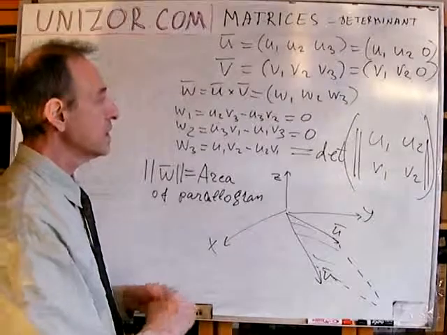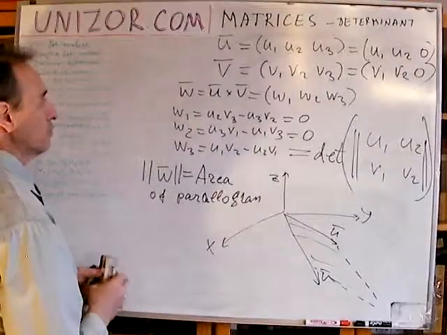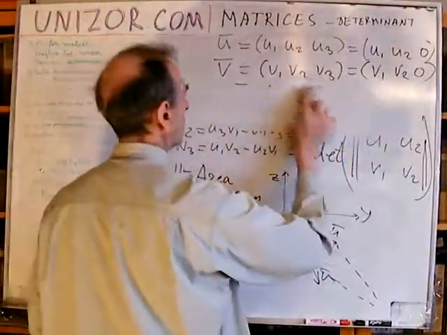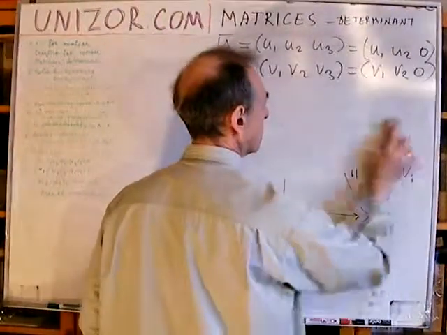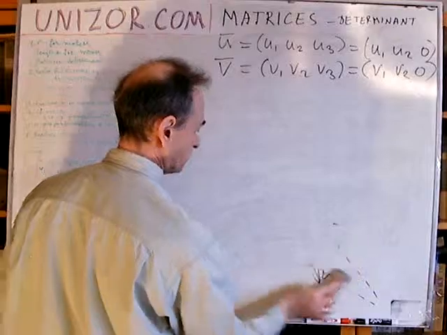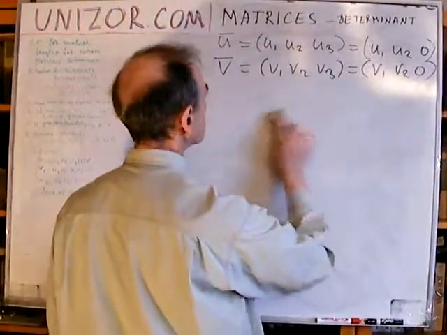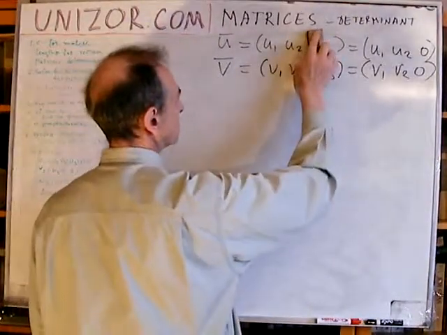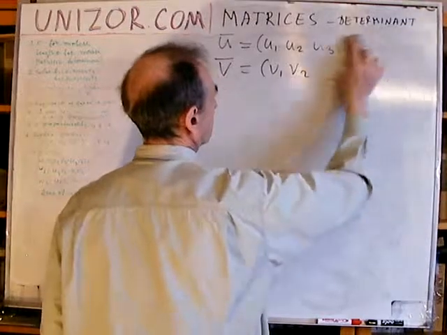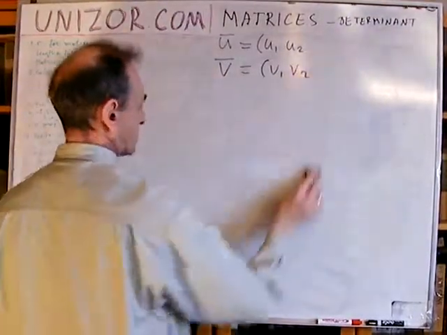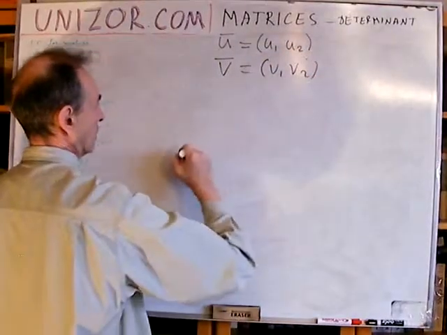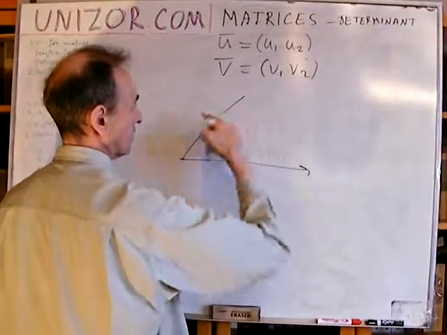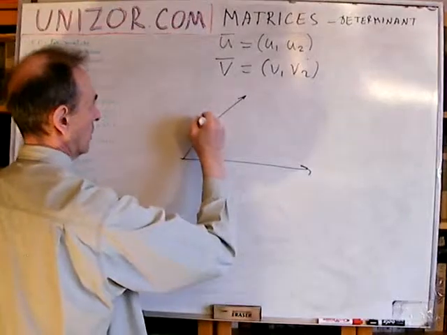So what did we come up with? We came up with a very interesting conclusion. If I have two vectors on the plane with coordinates u1, u2, and v1, v2, now my plane is the surface of this whiteboard, so this is x, this is y. So these are the coordinates u1, u2, v1, v2.